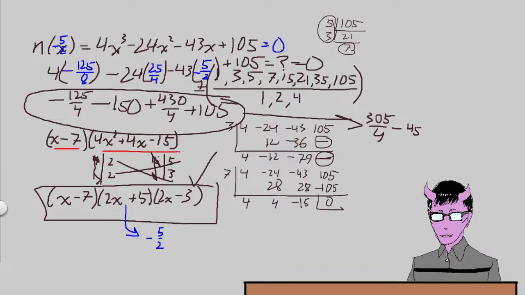This is just a 2 by 3 distribution, so it shouldn't be that bad. So first one to first one gives us 4x cubed, and then first one to second one. Sometimes you just gotta check, and then this one times this one.